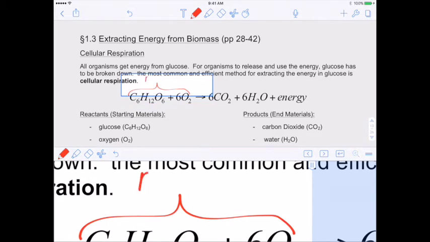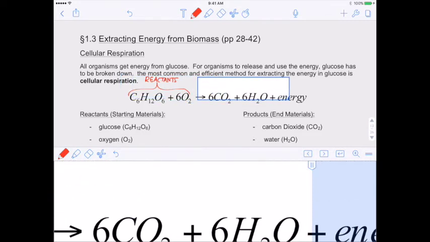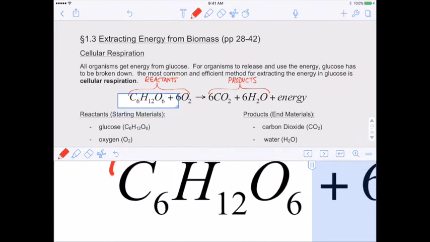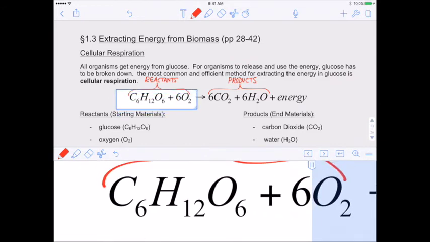So the reactants are C6H12O6 and O2, and the products are CO2 and H2O. From our discussion of photosynthesis, we know that C6H12O6 is the chemical formula for a molecule known as glucose.